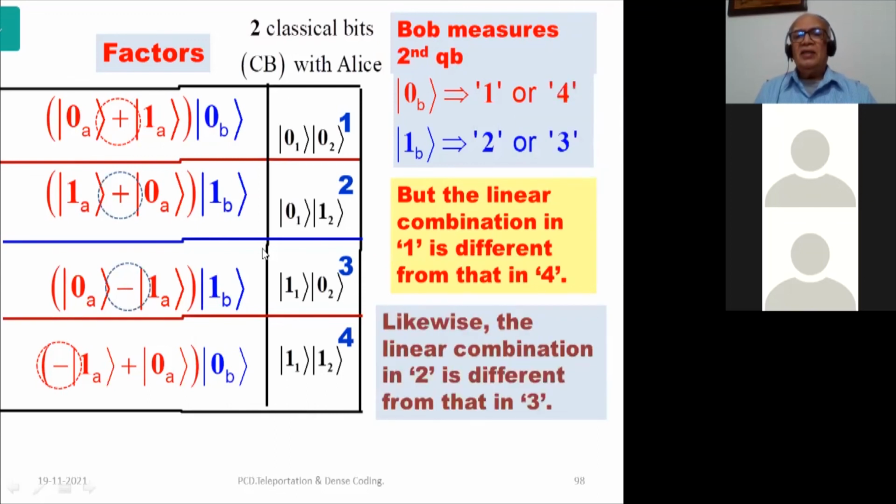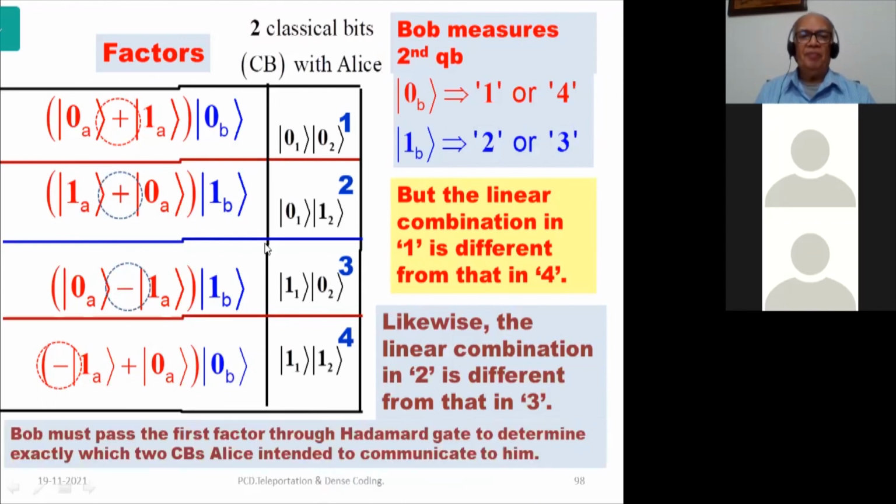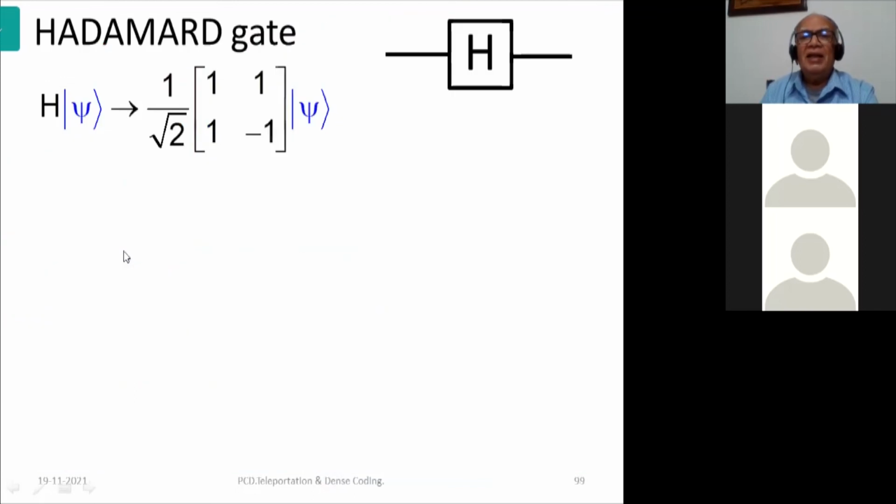And this is where he can use the Hadamard gate. So Bob can pass the first factor, which is this factor, through the Hadamard gate. And the Hadamard gate will tell him whether it is a superposition with a plus sign or a superposition with a minus sign, because that is something that the Hadamard distinguishes. And let me remind you quickly what the Hadamard gate is.